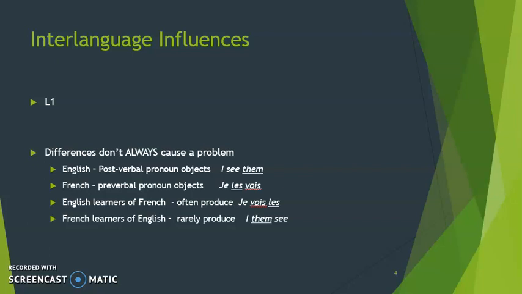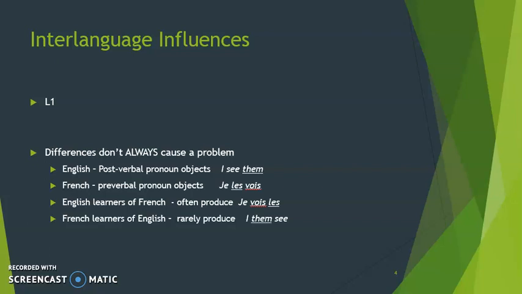So in English, we can say things like I see them, where the pronoun object is after the verb. Now in French, that same meaning would be expressed with a pre-verbal pronoun. You can see that in the examples, the pronoun object is underlined. Now, learners of French, English L1 learners, will produce an incorrect form trying to use the English word order when they're speaking French.